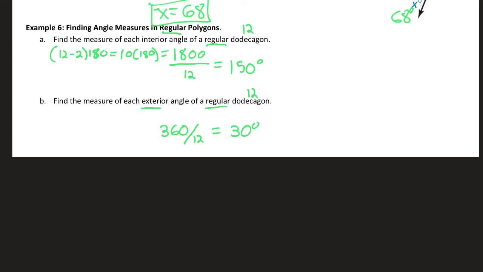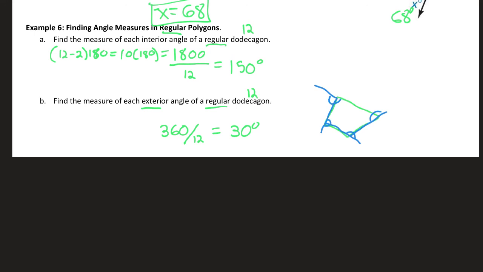And it kind of should make sense, and I'm not going to draw a dodecagon, but I'll draw just some sort of quadrilateral. And if I draw my exterior angles, however I want to draw them, if you look at it, each exterior angle plus each interior angle creates a line, which means each of these is 180.